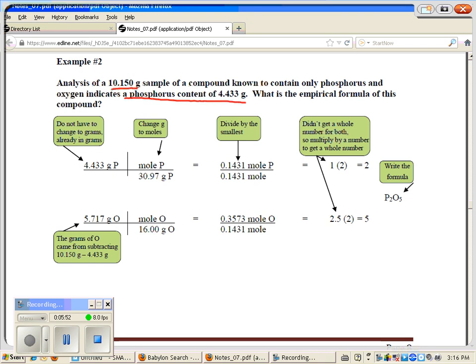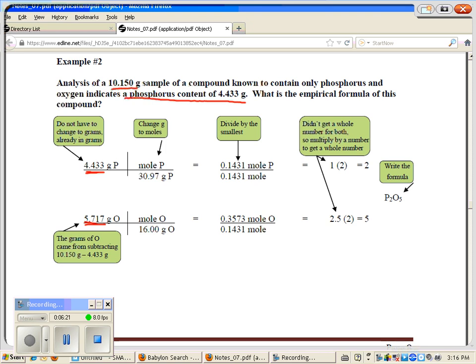Now, how did I get this 5.717? Well, I took my original sample of 10.150, subtracted my phosphorus, 4.433 grams, and got 5.717 grams of oxygen. I can do that because phosphorus and oxygen were the only two elements in this sample.